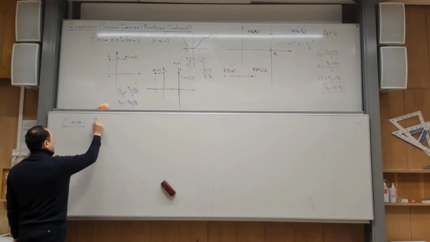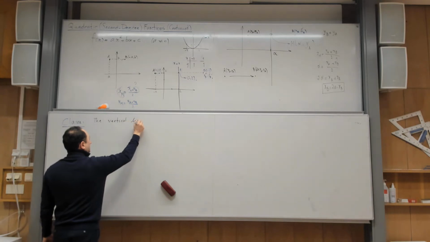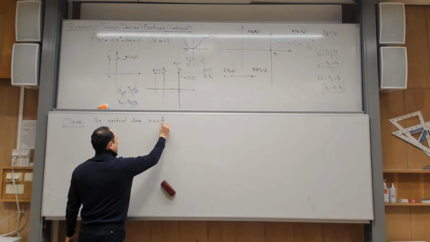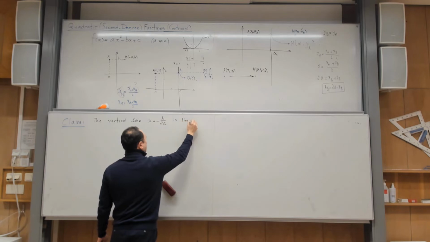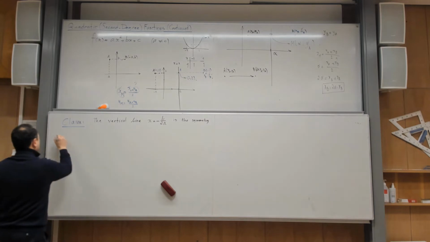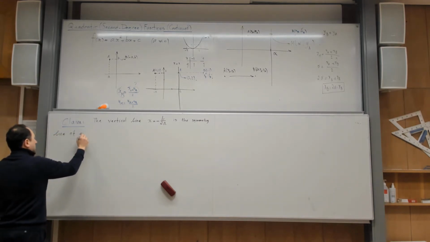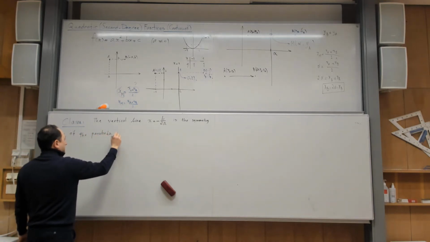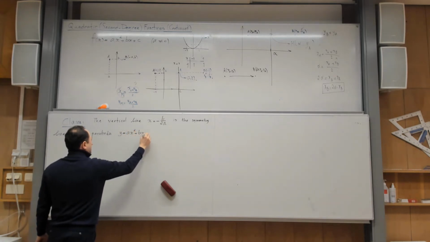The vertical line x equals minus b over 2a is the symmetry line of the parabola y equals ax squared plus bx plus c.